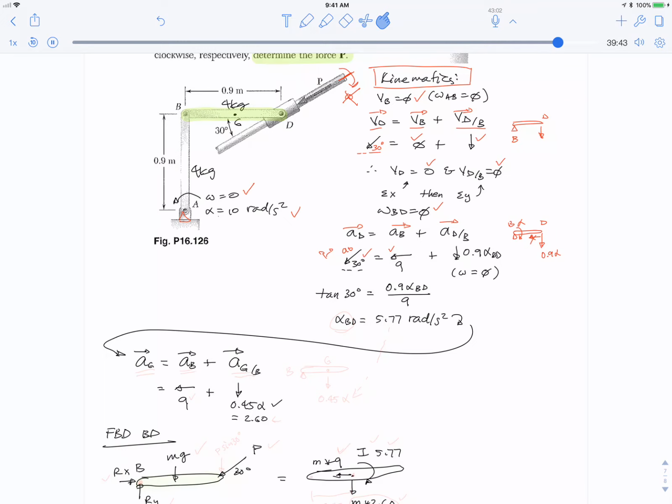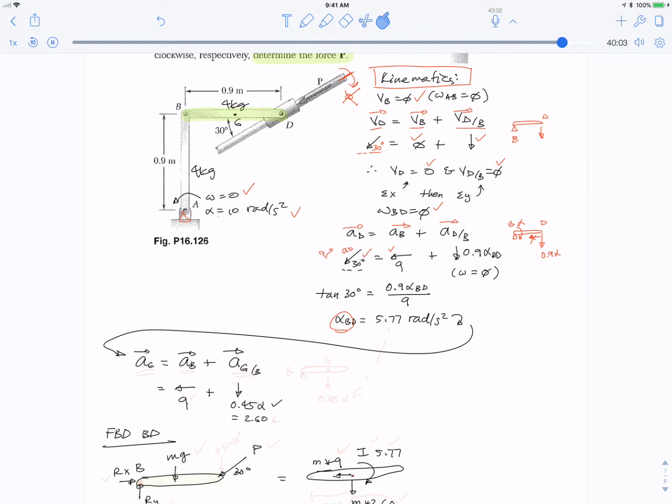What I did is, again, just looking at the vectors, you can see that tangent of 30 degrees is y over x. So tangent of 30 degrees is the y component, 0.9 alpha BD, over the x component, 9. And so I use that equation to solve for alpha BD.